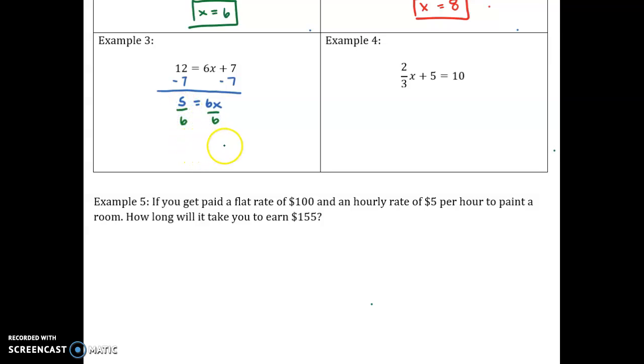This is going to be a decimal approximation, or you can just leave the answer as 5 over 6. That's perfectly acceptable. But if you wish, you can punch 5 divided by 6 into your calculator and round to 2 decimal places, or to the nearest hundredth, which would be 0.83.